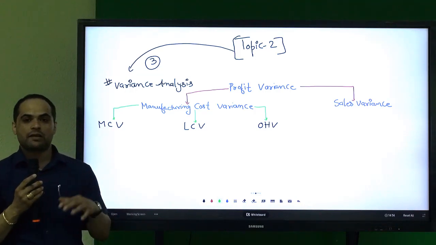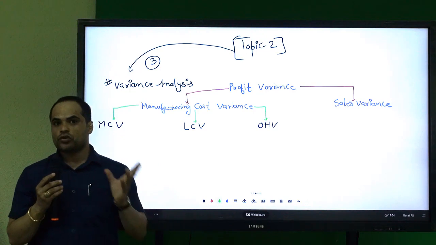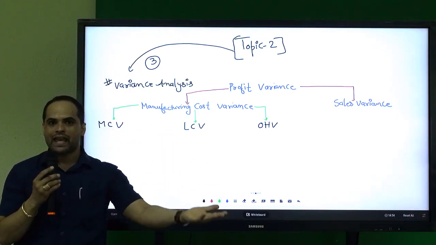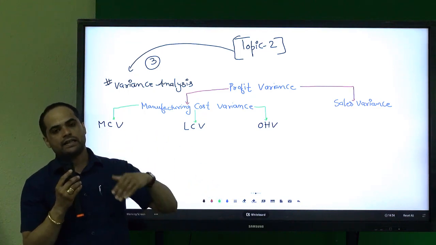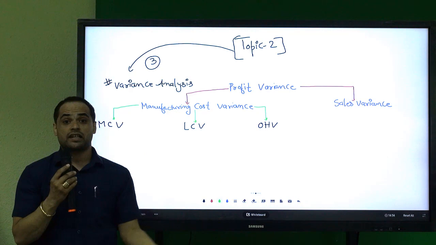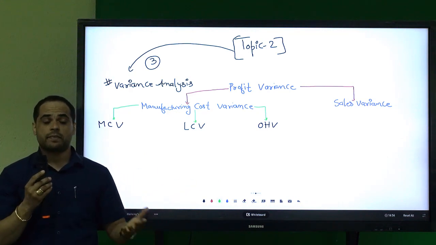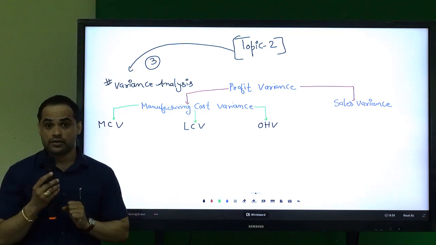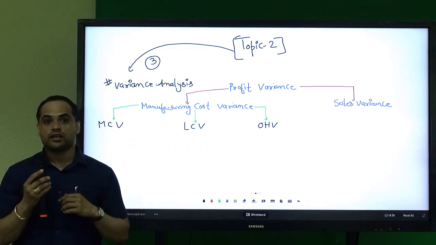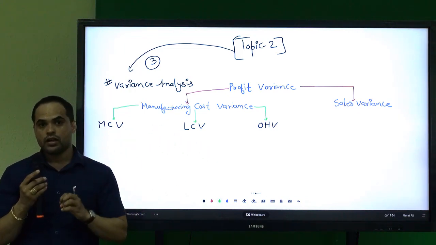Okay, so let's start with the material cost variance. Material cost variance helps us compare the actual material cost that we are paying and the standard material cost that we were expecting. Let's say I was expecting to spend $5,000 on my material cost, but actually I'm paying $6,000. The difference is called a variance.